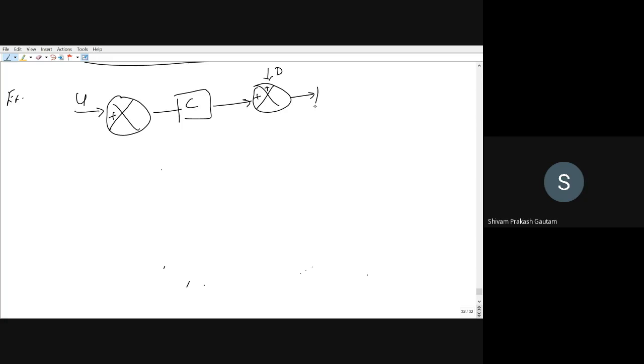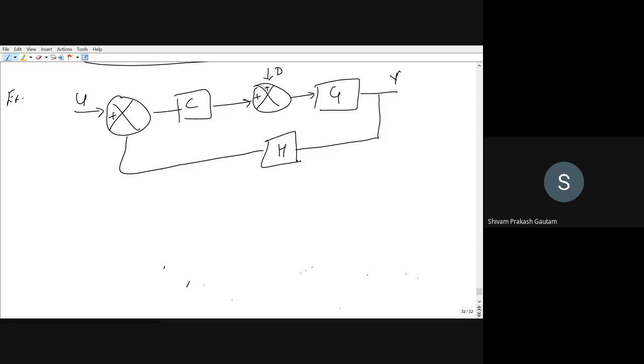This is going to G, and this is going to Y. And the whole is the feedback. Gain is H. This is going there. This is minus.